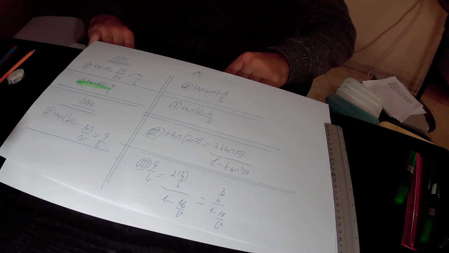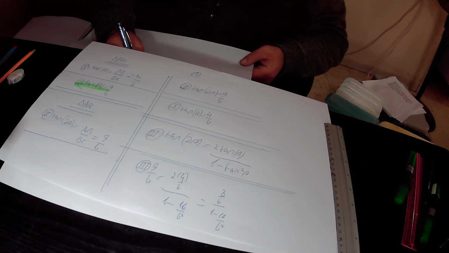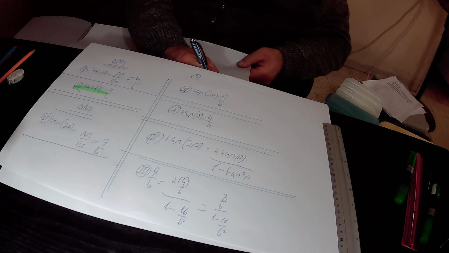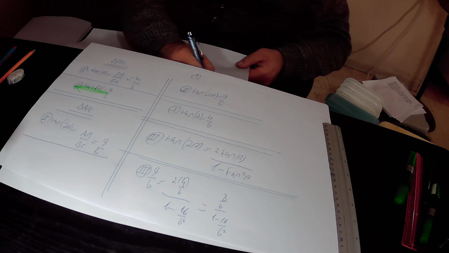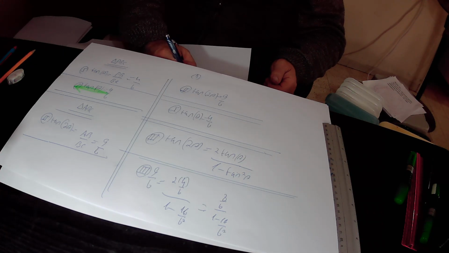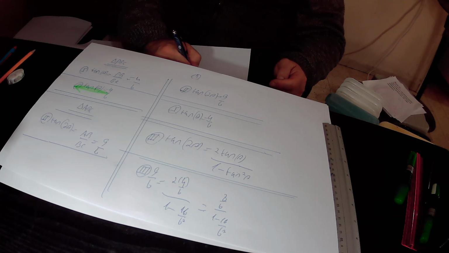So I write it now. In total, according to equation 3, we have found out that 9 over B equals 8 over B over 1 minus 16 over B squared.